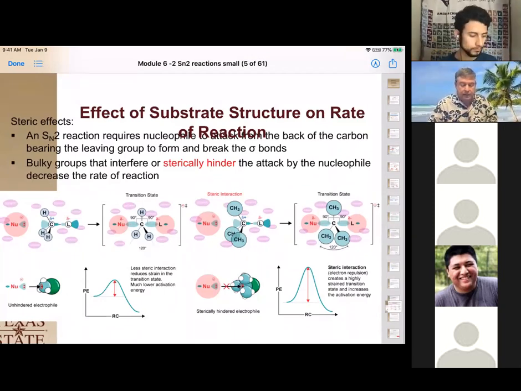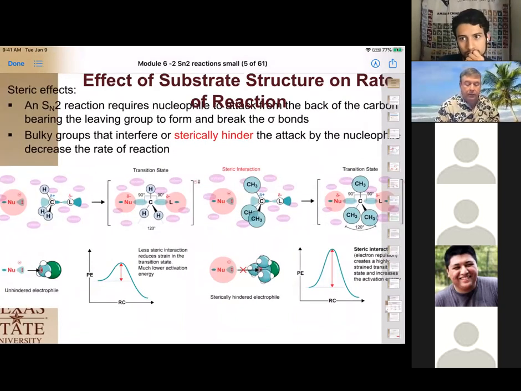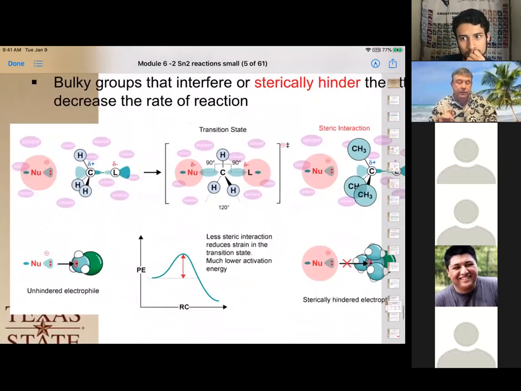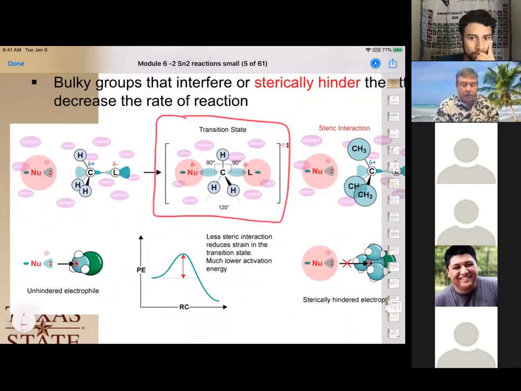And this has everything to do with having a bigger or harder to make transition state. If you have less electron repulsion, it makes your transition state less of an energy barrier. So the smaller the substrate's substituents, the lower our activation energy is.